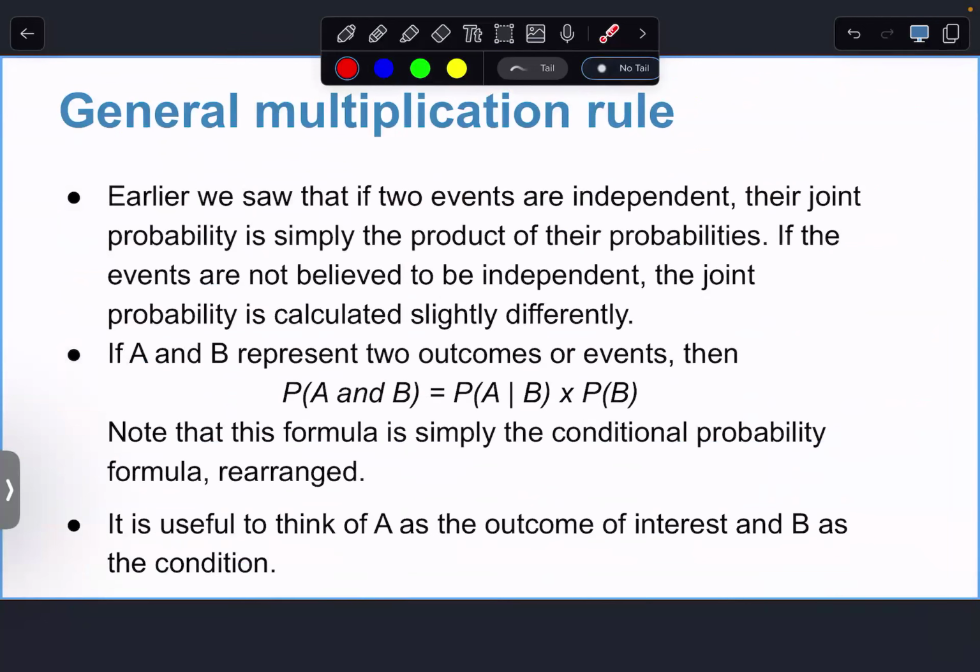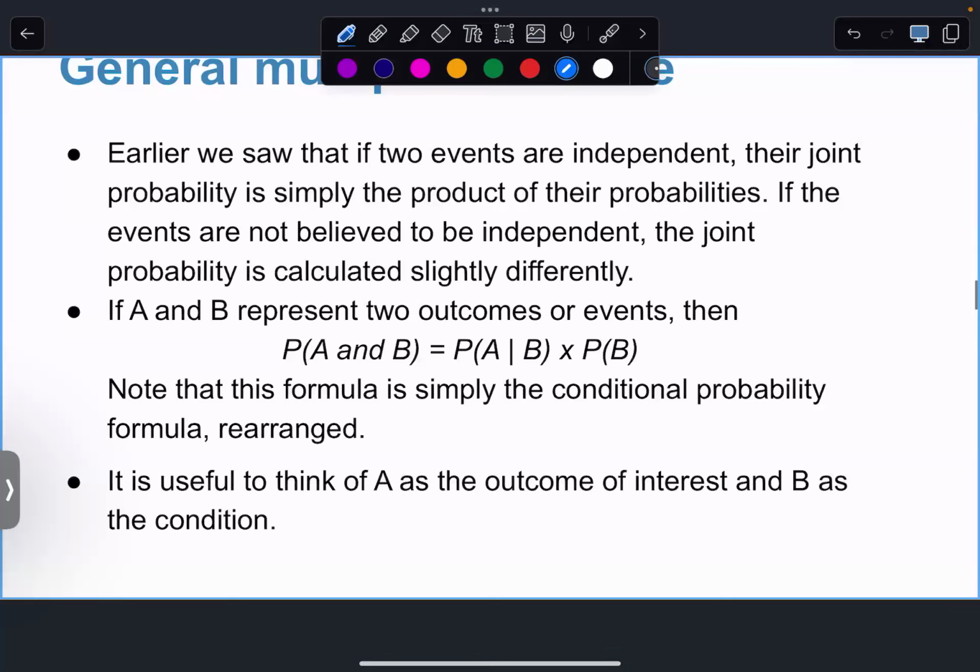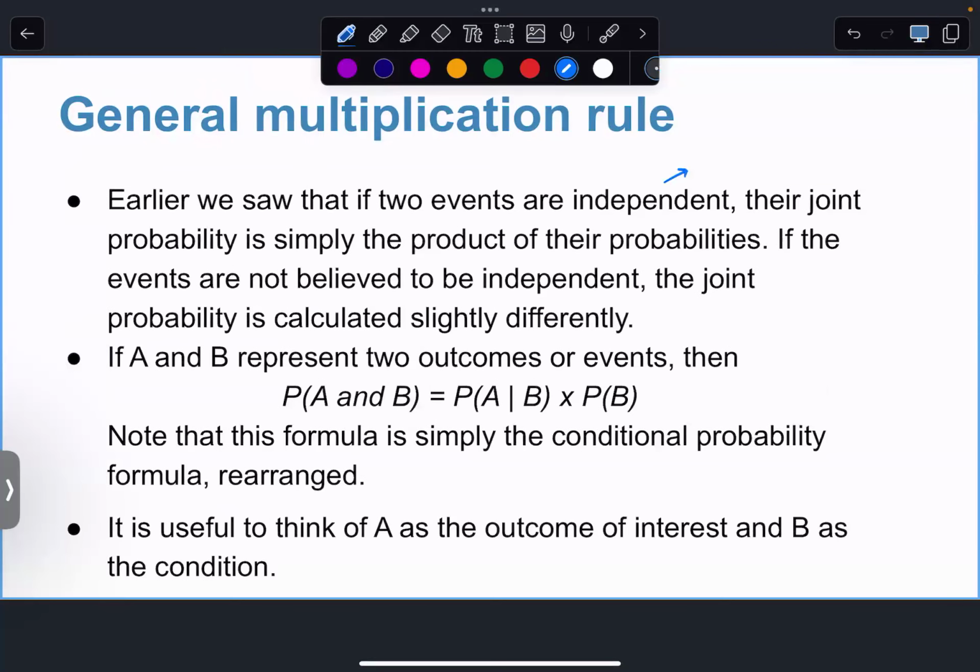Well, any questions before we introduce a rule we've already seen? No. So the general multiplication rule is the rule that's on your formula sheet, and it says that, well, first, if two events are independent, we said the probability of A and B is the probability of A times the probability of B. But now, most of the time, and it's always safest to assume that they're not independent, right?